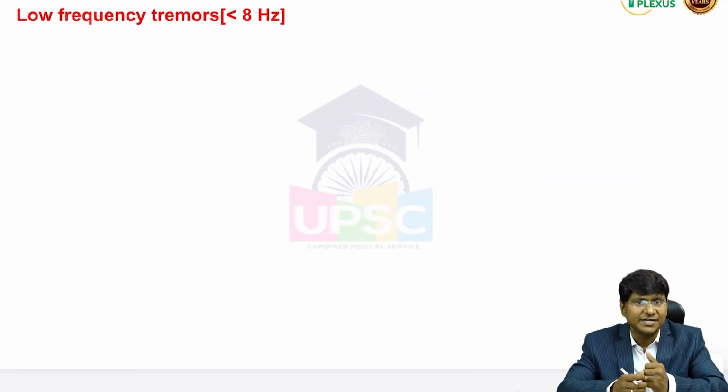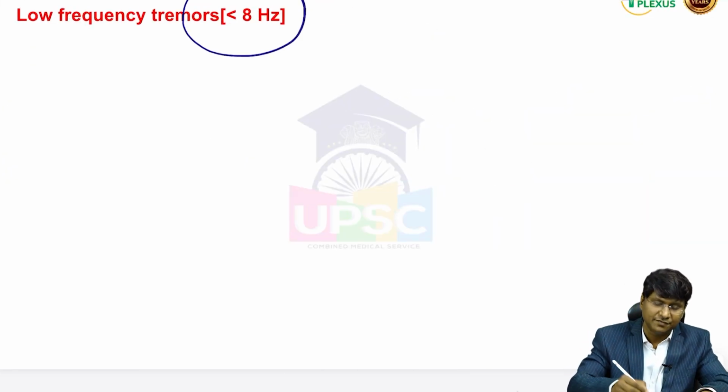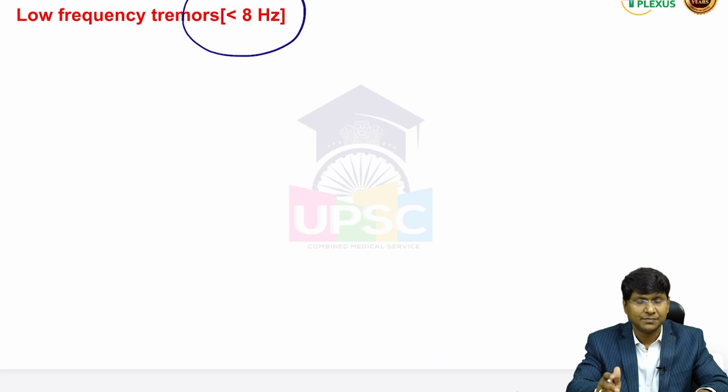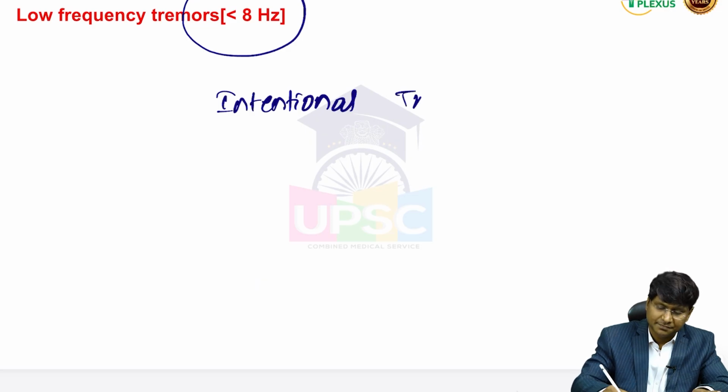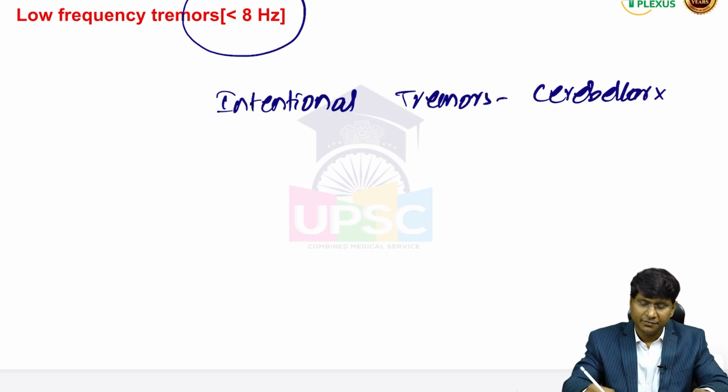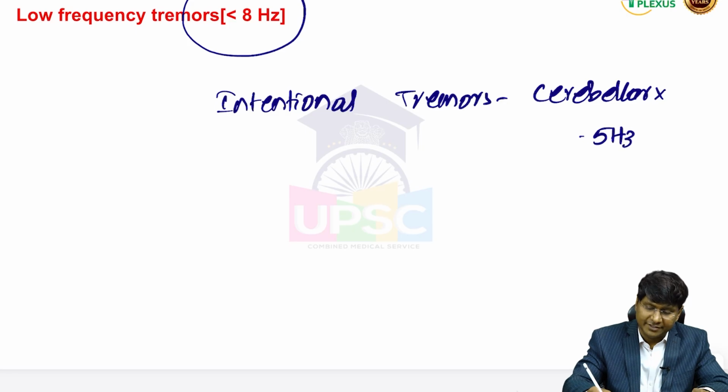Low frequency tremors are those where the frequency is less than 8 hertz. Intentional tremors are seen in cerebellar damage, where the frequency is around 5 hertz.